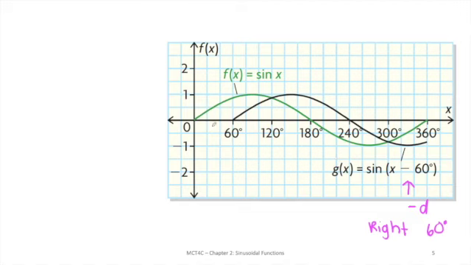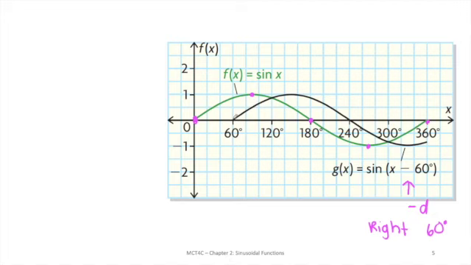Again, here's your original graph: 0, 0, 90, 1, 180, 0, 270, -1, 360, 0. The scale's off a little bit, remember that as well. What you're doing is taking each of those points and going over 60 degrees.